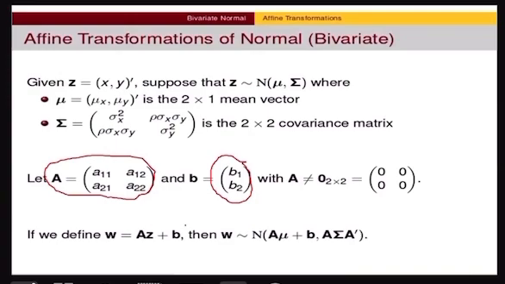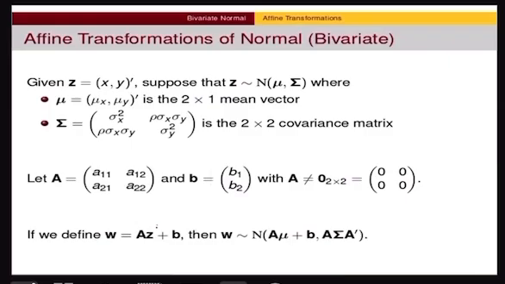Now, please pay attention. The only variable here is Z and W. If Z is a variable, W is also going to be a variable because W depends on Z. Does that make sense?